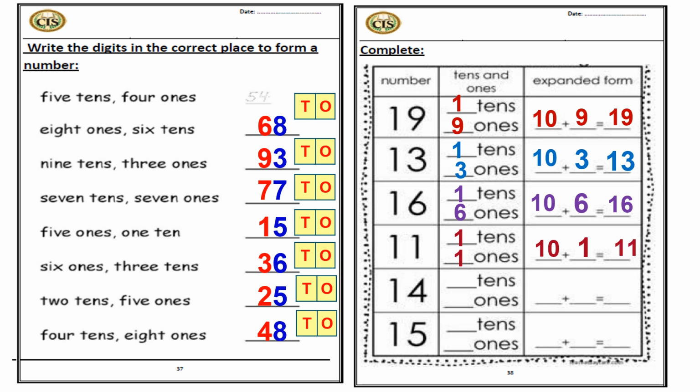So the answer will be 11. 14. I will write 1 behind the tens and 4 behind the ones. 4 ones mean 4 and 1 tens mean 10. So the answer will be 14. 15. 1 behind the tens and 5 behind the ones. 1 tens mean 10 and 5 ones mean 5. So the answer will be 15.